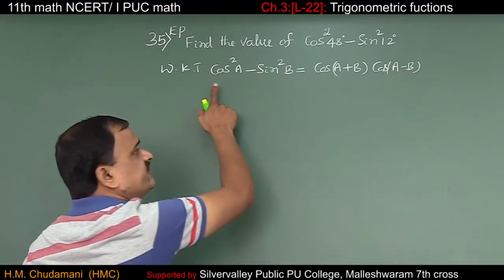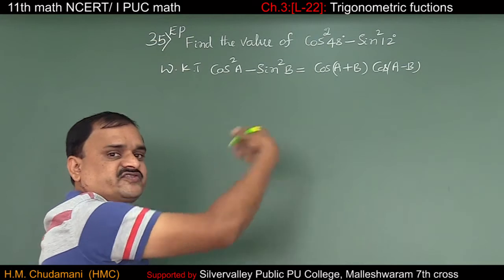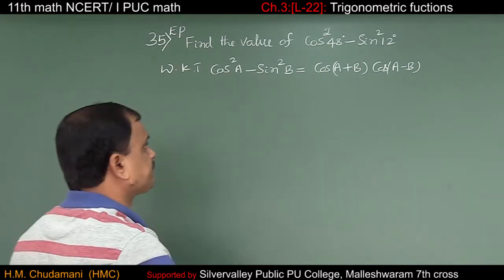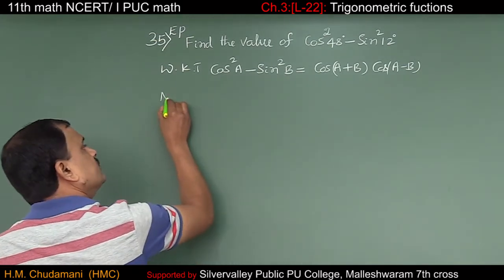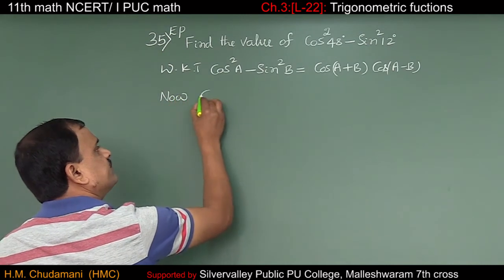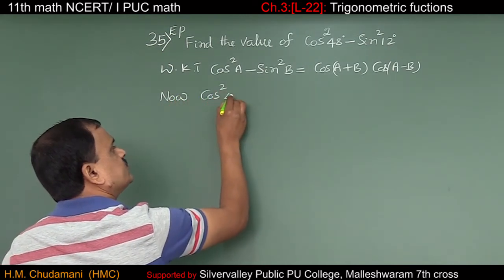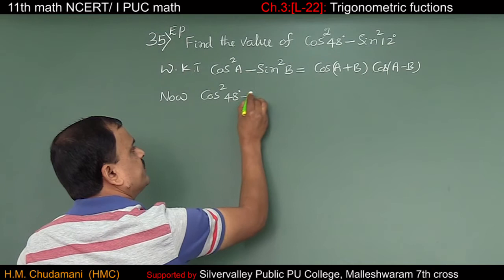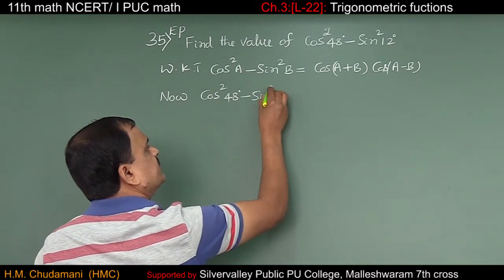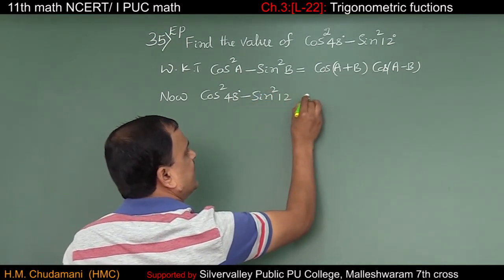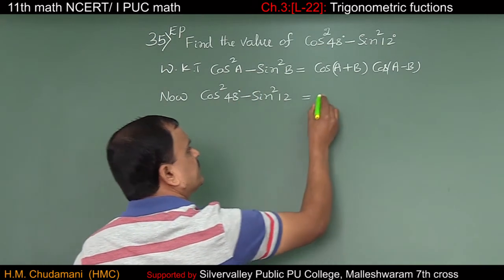This is same as sin square a minus cos square b. Now the given expression cos square 48 degree minus sin square 12 degree. A is 48, b is 12.